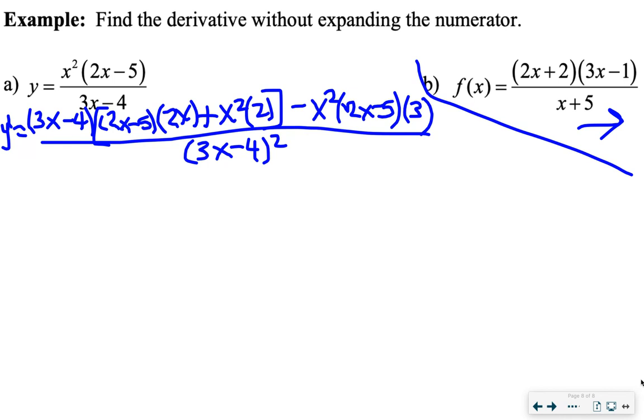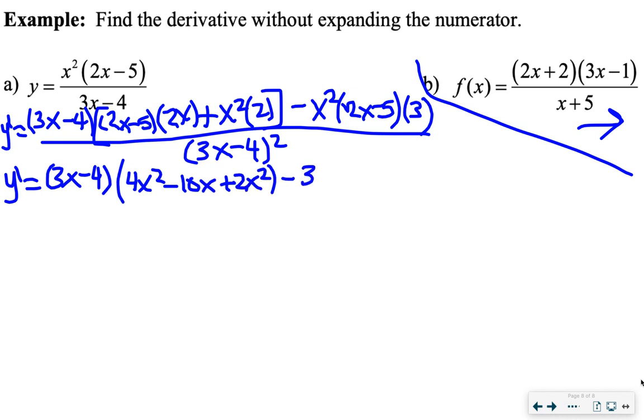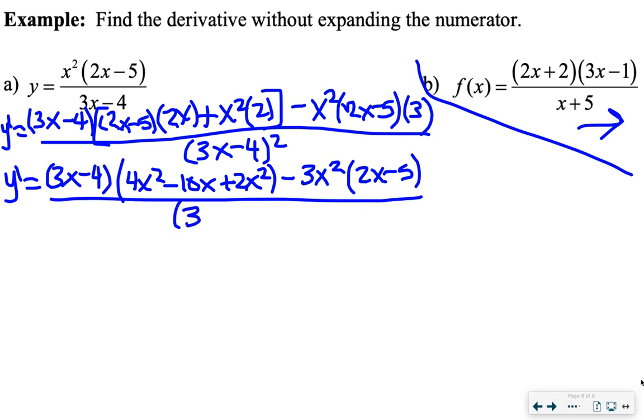All right, let's simplify this a little bit. Oh, I've got 3x minus 4. Simplify this, I get, okay.